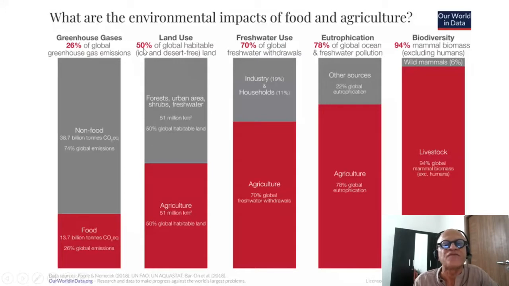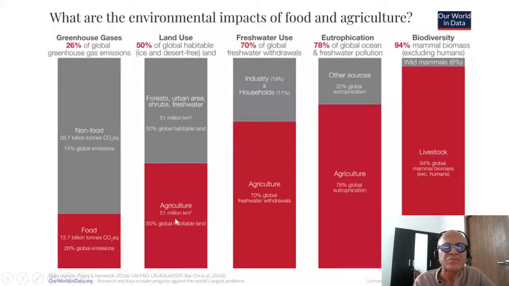Land use, so 50% of the global habitable ice- and desert-free land is used for agriculture here. So forest, urban area, shrubs, freshwater, and so on together are using 51 million square kilometers, 50% of the global habitable land.